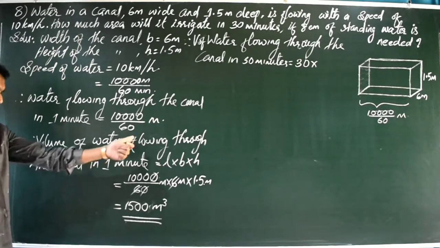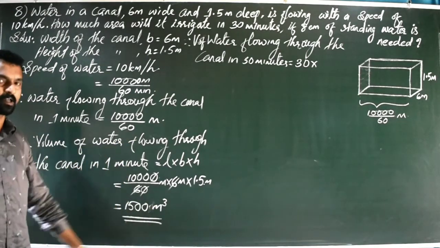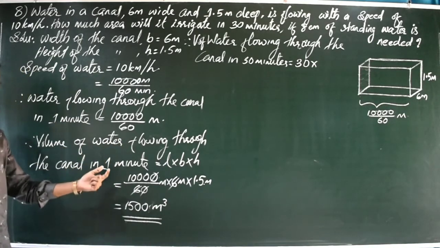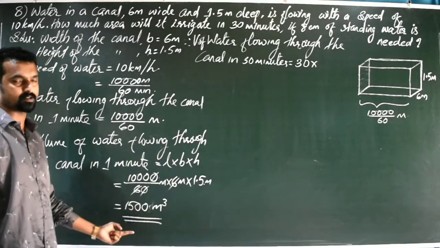Volume of water flowing through the canal in 1 minute is equal to, we got 1,500 meter cube. Therefore volume of water flowing through the canal in 2 minutes is equal to, how much you will get? 2 into 1,500, that is 3,000 meter cube.